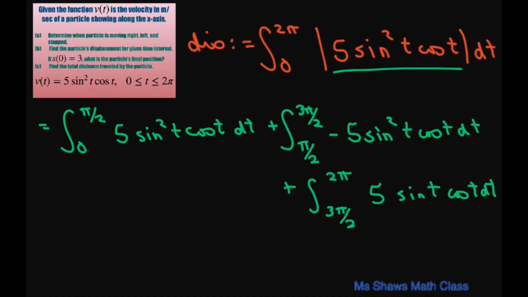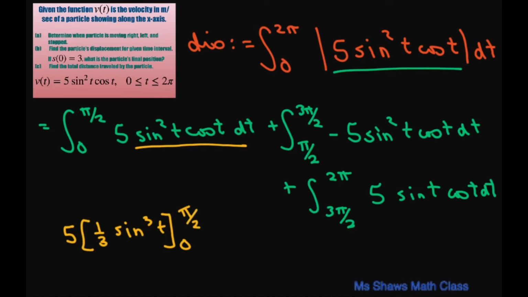All right. So when you integrate this, remember we already did this. So basically what we're going to get is 5 times 1/3 sine cubed of t, going from 0 to pi divided by 2. Then we have plus negative 1/3 sine cubed of t, going from pi divided by 2 to 3 pi divided by 2.